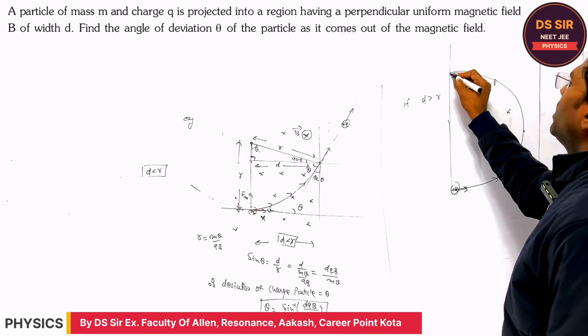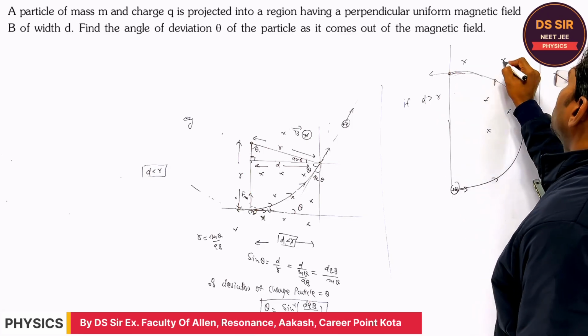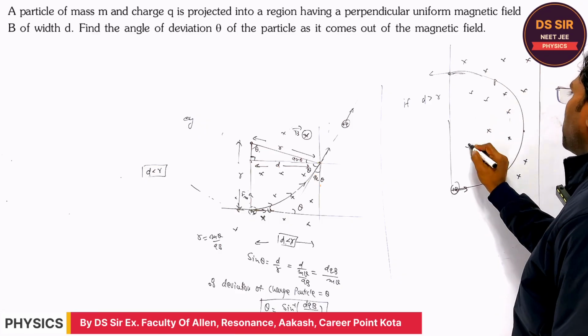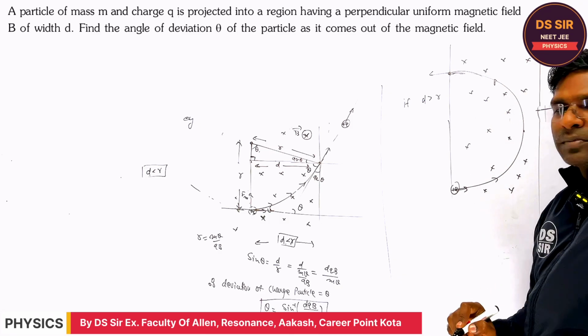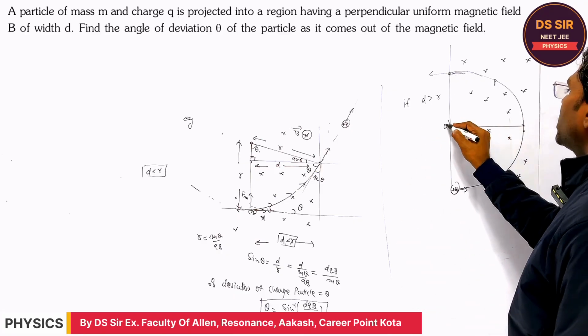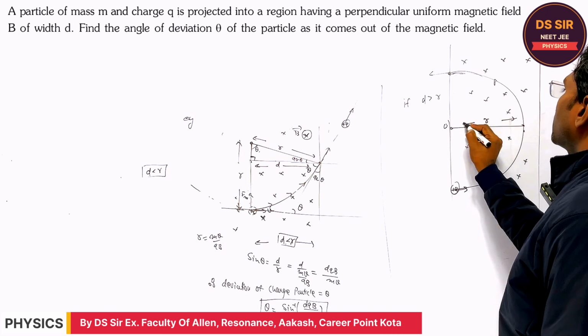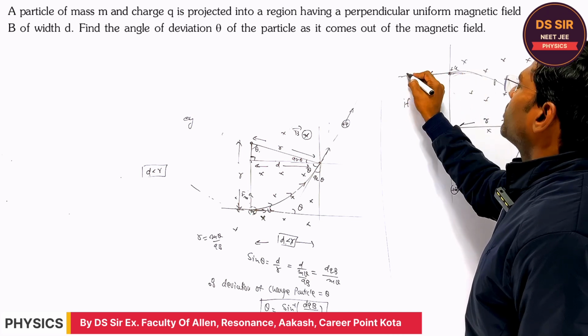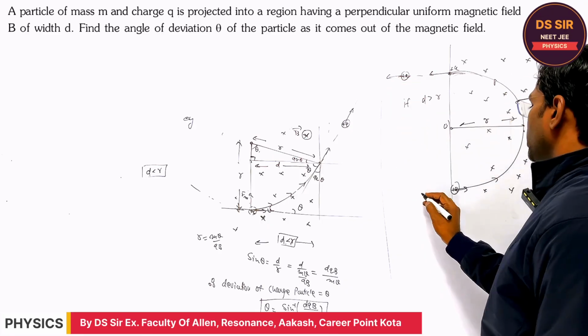Like this, and suppose this is the width d where the magnetic field is present. If d is greater than r, it means this is the radius r, this is the center, and now the charge particle plus q moves in this way, in a straight line.